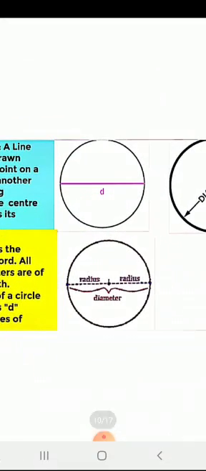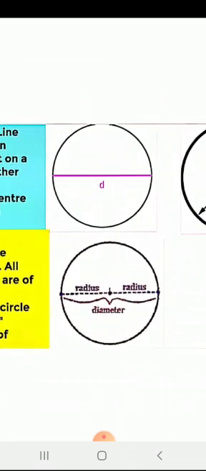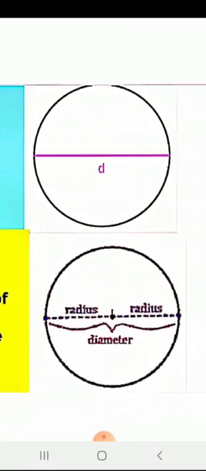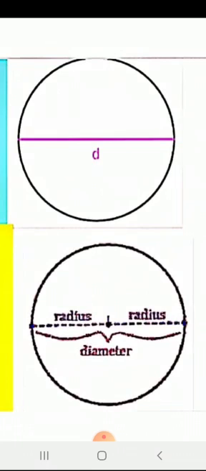It is denoted by the letter D. Observe the figure here. It passes from one part of the circle to another through the center, so it is a diameter. From the center to another part of the circle, we call it a radius.